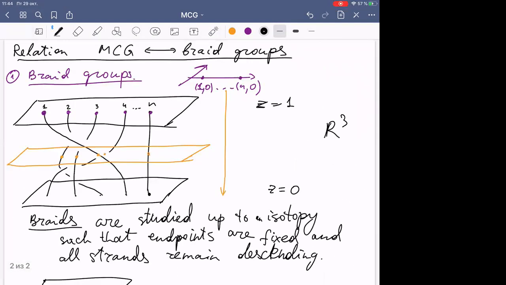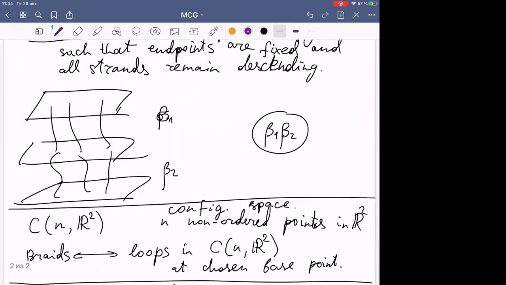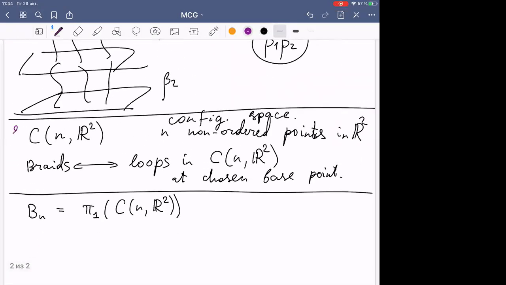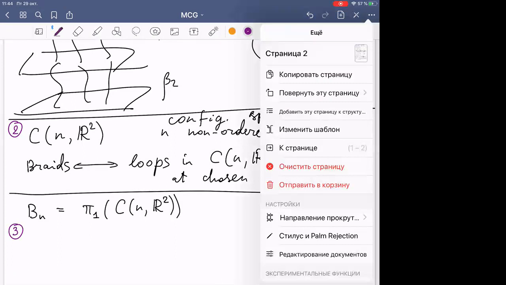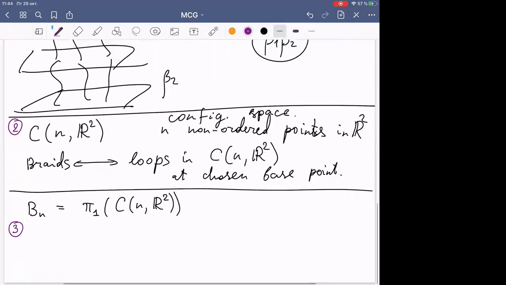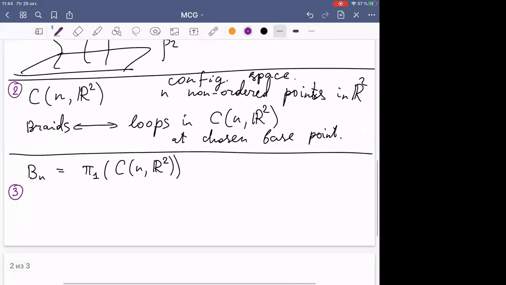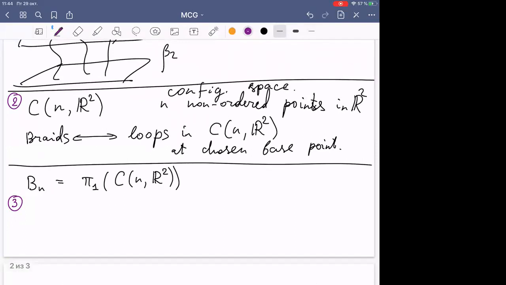So we can consider just geometric pictures like that, or we can consider this configuration space. And the third point of view is that the braid group is the mapping class group of a genus g surface with one boundary component.